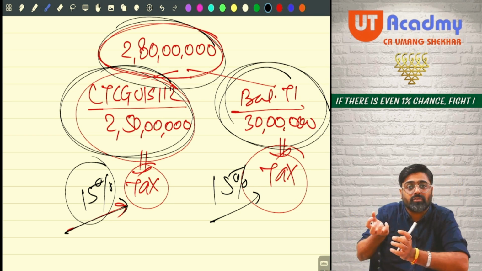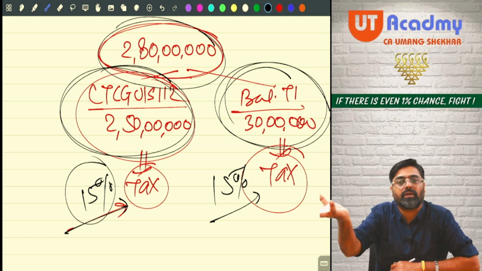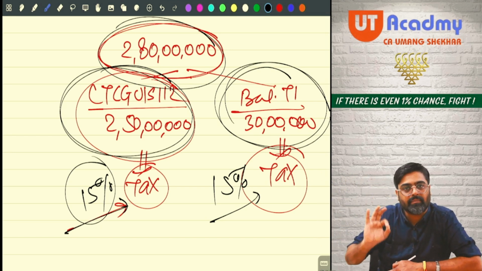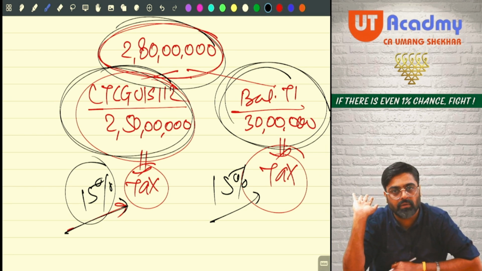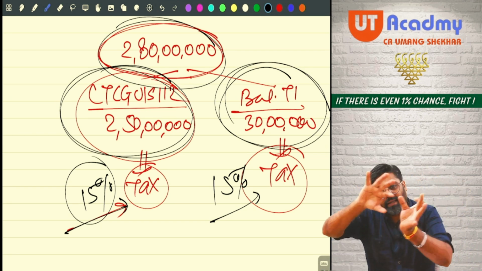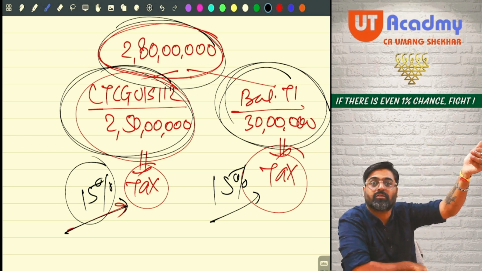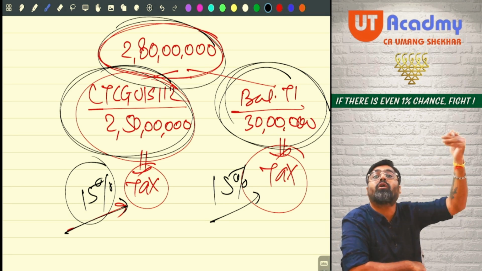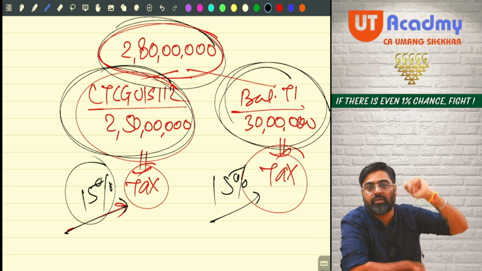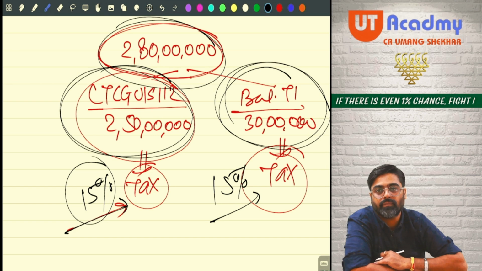Apply maximum 15%. And after eliminating these incomes from your total income, if the balance total income still remains more than 2 crores or 5 crores, then only on the tax of that total income you will apply 25% or 37%.